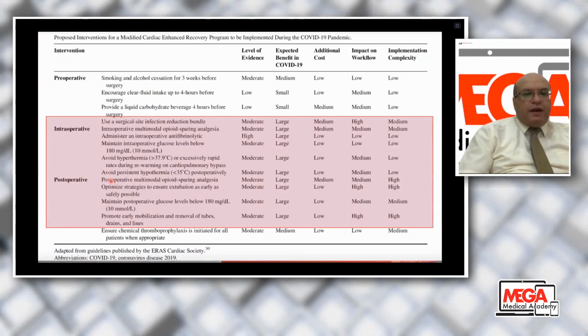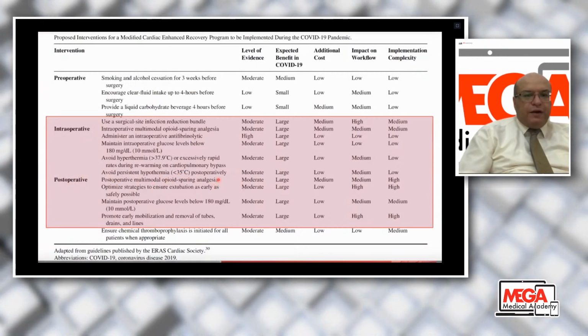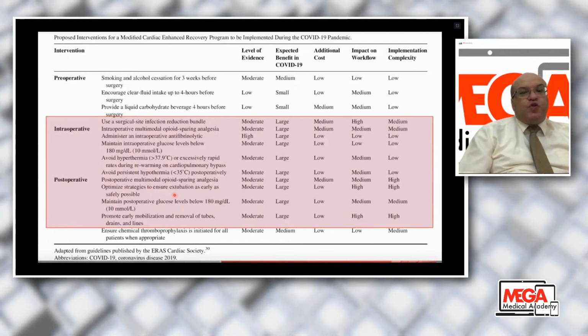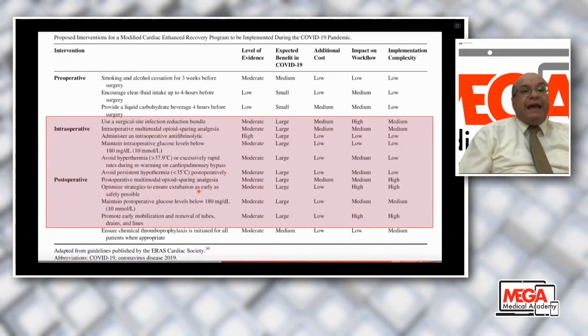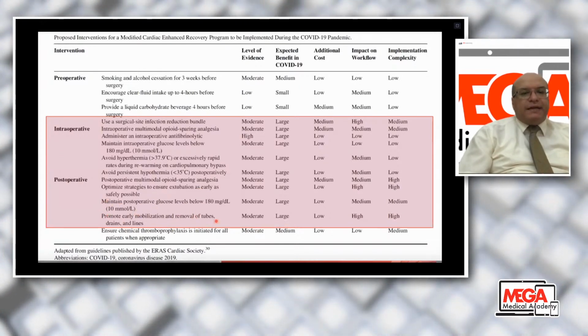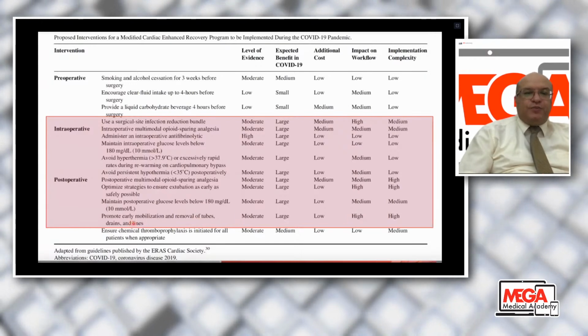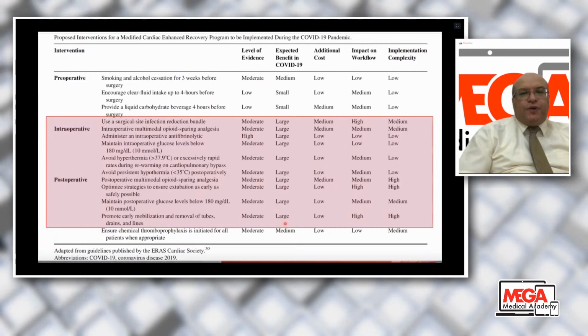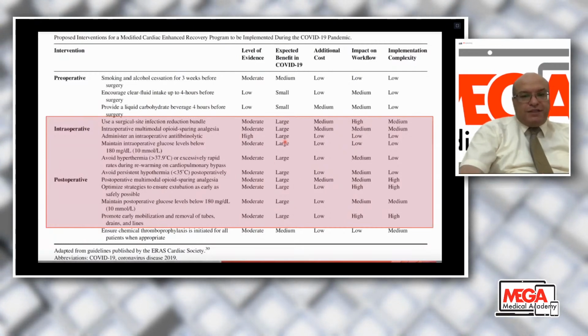For post-operative care, again, post-operative multimodal opioid sparing analgesia, optimize strategies to ensure extubation as early as safely possible, and promote early mobilization and removal of chest tube drains, lines, and so on. All of this is expected to give a large benefit for COVID patients.